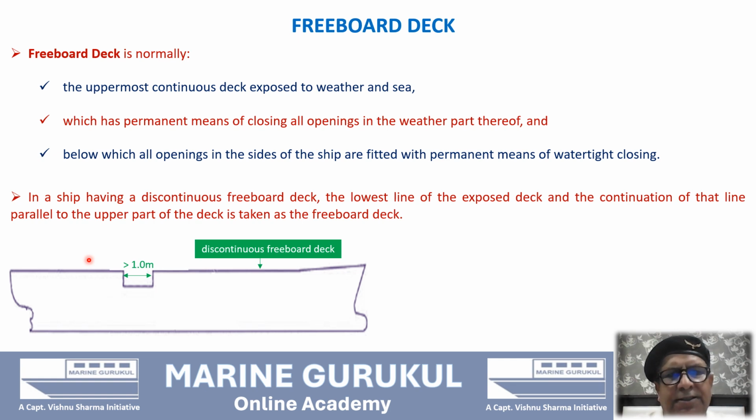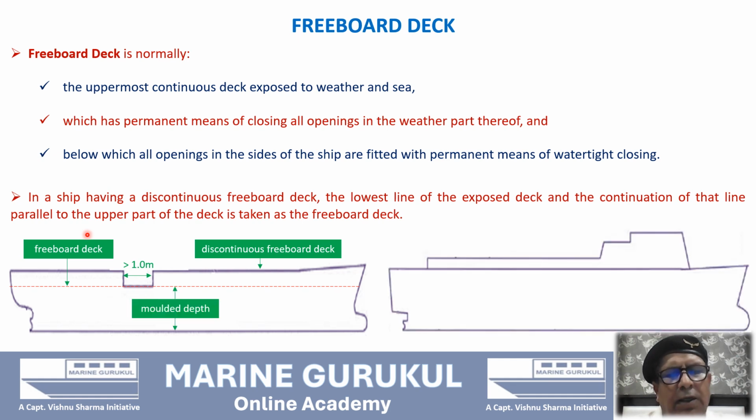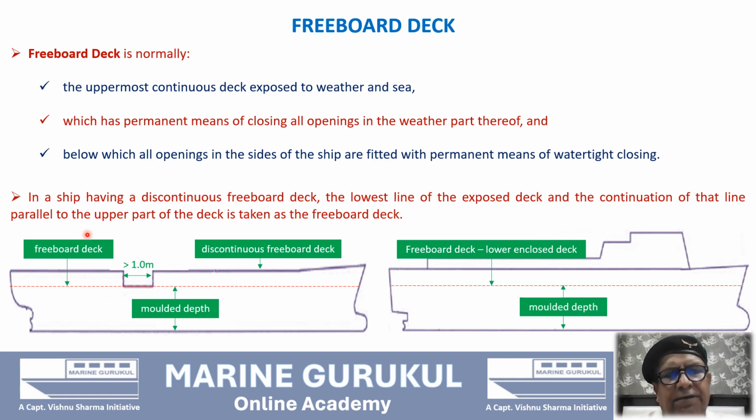In such a case, the freeboard deck shall be in line with the lowest line of the exposed deck, this line out here. So the freeboard deck shall be here, and this shall be the reference for measuring the molded depth. Likewise, in some cases, we may have a freeboard deck which is one of the lower enclosed decks, and in that case, the freeboard deck again would be the reference for measuring the molded depth.